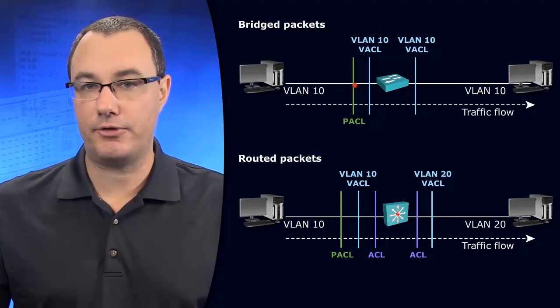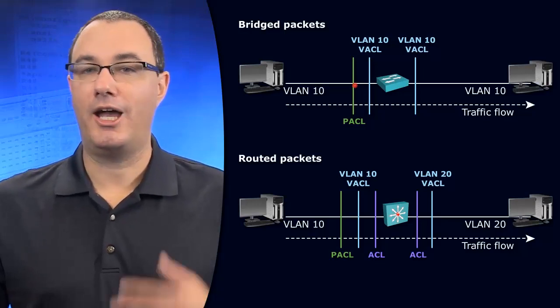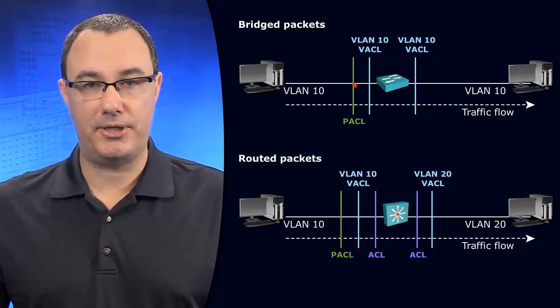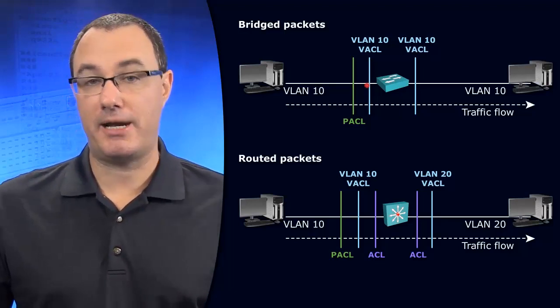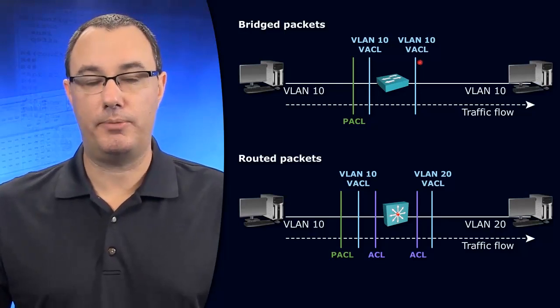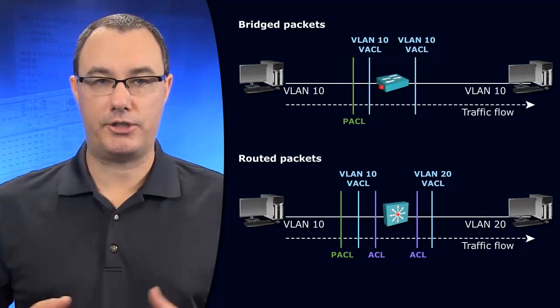It happens after a port ACL, which again might just filter, I don't want to allow that source MAC address, or I don't want to allow that source IP address for spoof mitigation. But once it passes that check, assuming it does, then the VACL will be applied. And it's kind of internal to the switch.